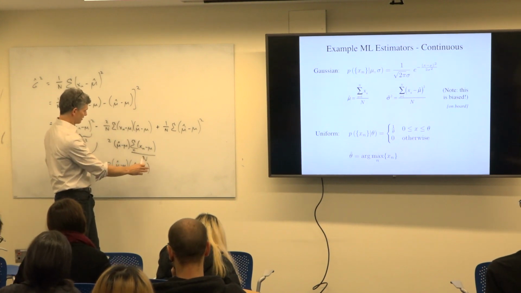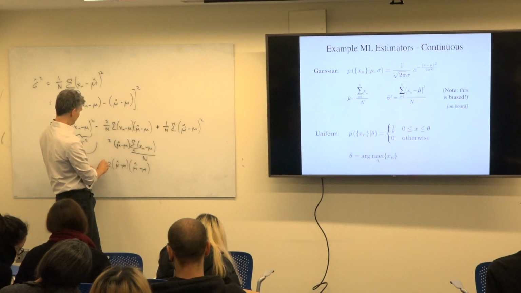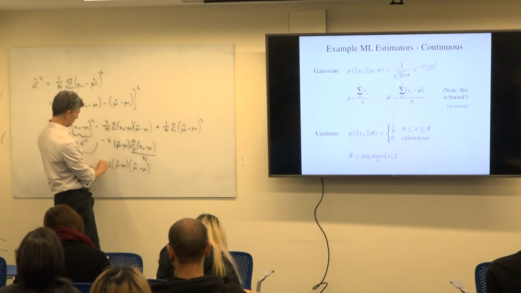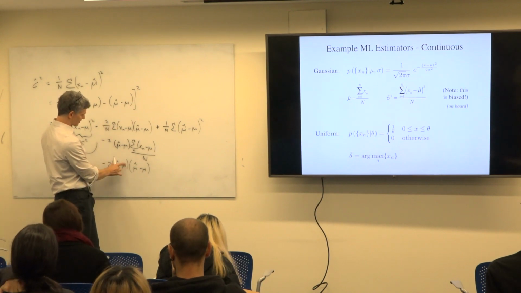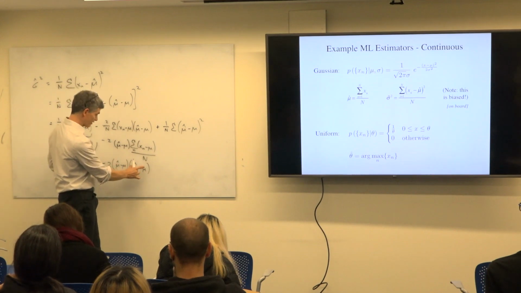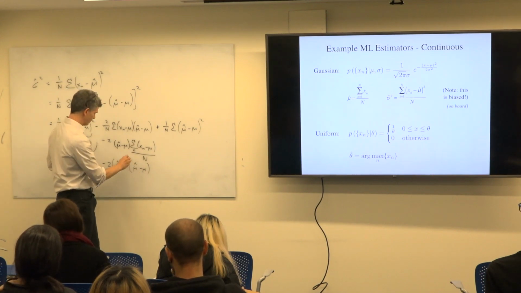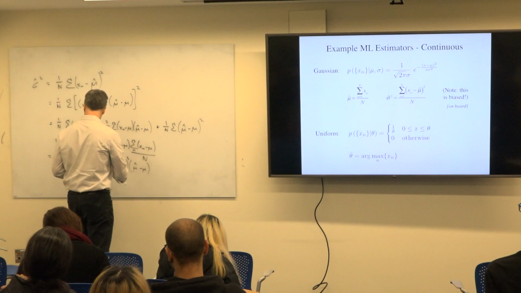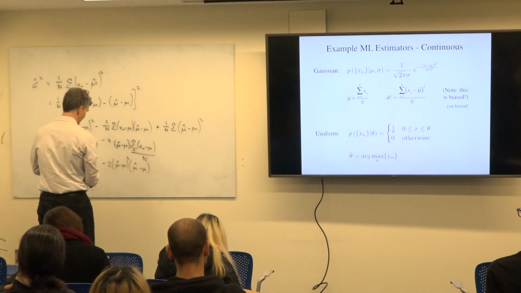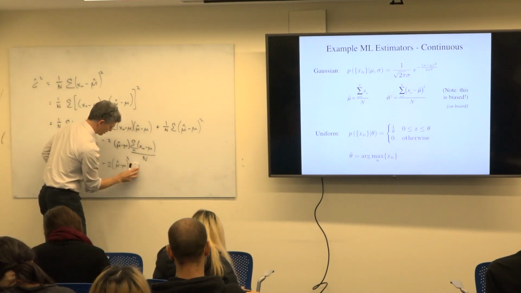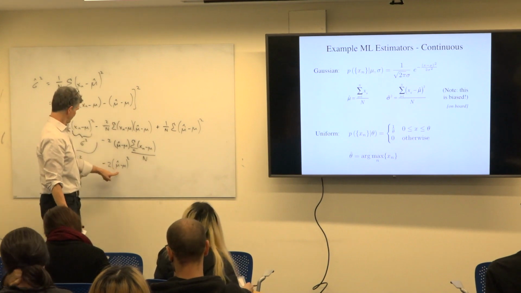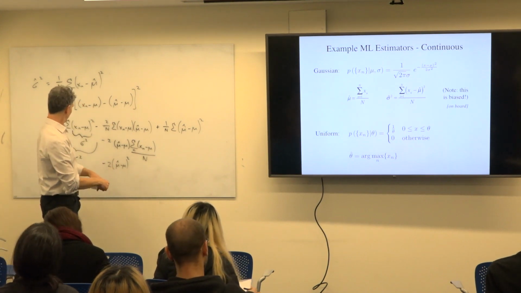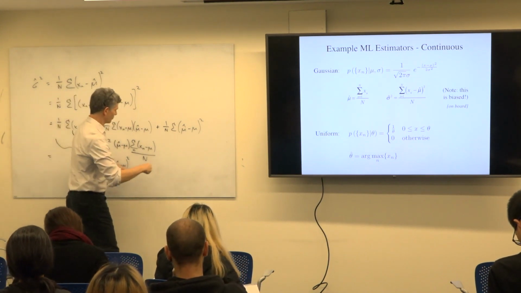So the whole thing becomes minus 2 times mu hat minus mu, squared. I'm doing it in place. So this is a minus 2 (mu hat minus mu) squared term, and one more term.